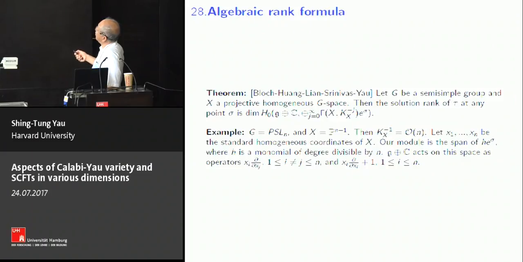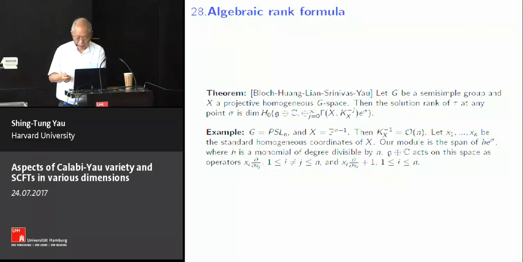So this is more algebraic. So the whole ring there is the anticanonical ring. And in the case of P^(n-1), you can write it down very explicitly in terms of all this space, so you can compute it. And these are useful.